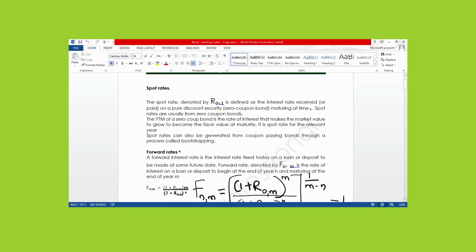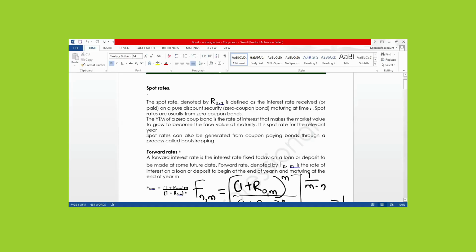Spot rates are denoted by capital letter R, subscript 0,1. R0 represents spot rate, and 1 represents year one. The spot rate in year one.